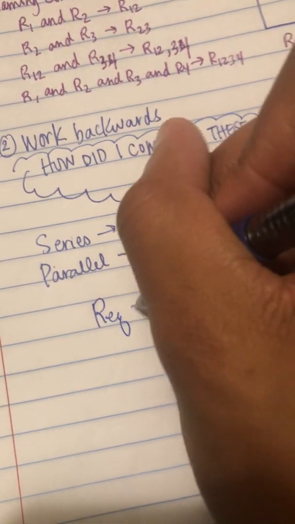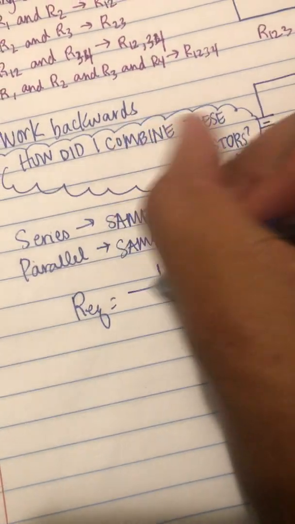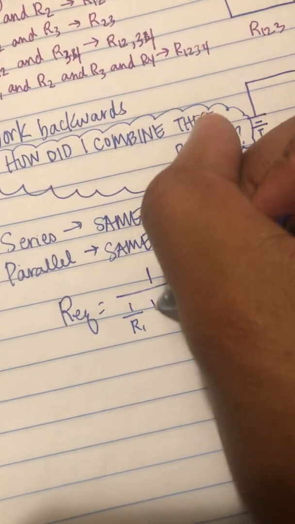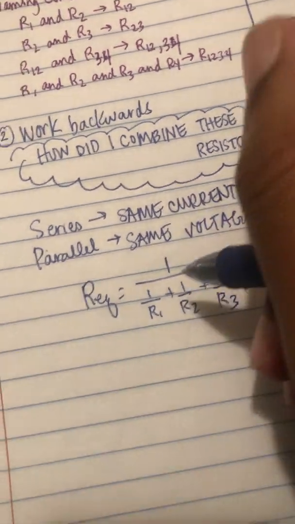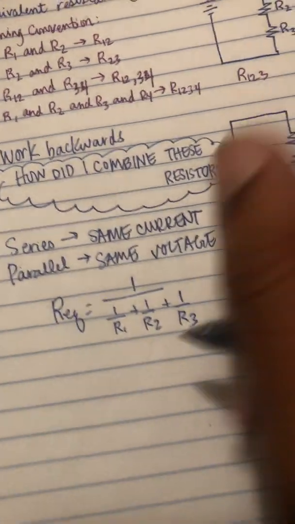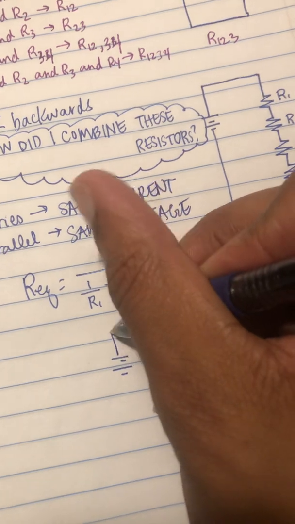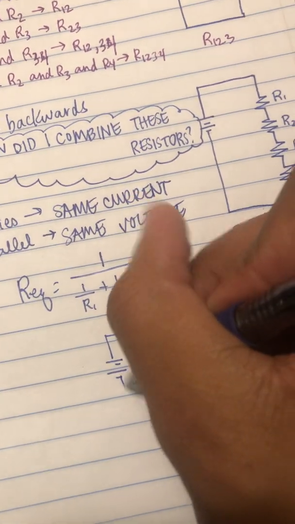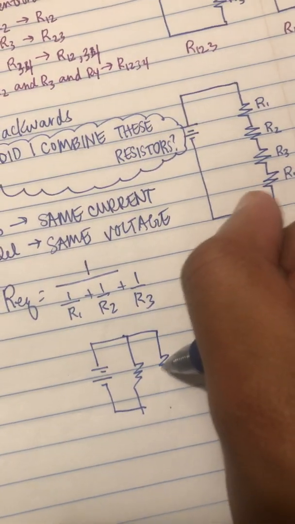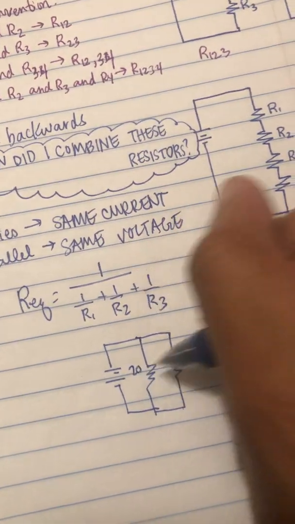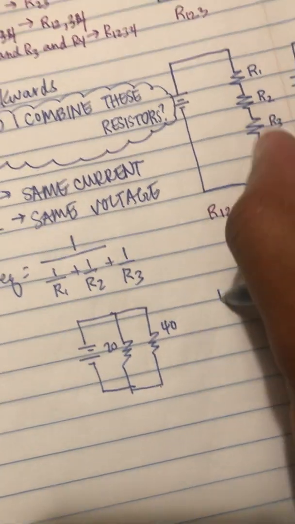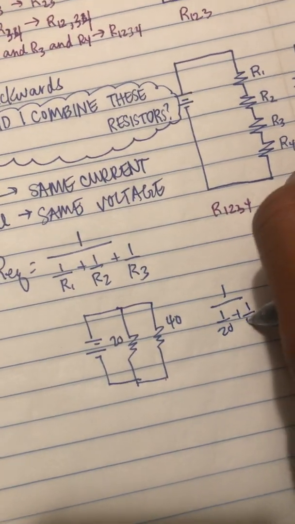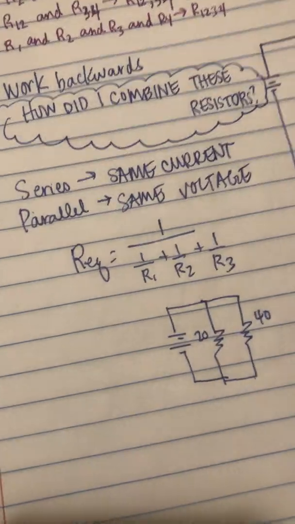The equivalent resistance is equal to 1 over 1/R1 plus 1/R2 plus 1/R3. So just remember that for parallel, because I don't want you guys to see something that looks like this, and this is 20 and this is 40, and say the equivalent resistance is 60. The equivalent resistance is 1 over 1/20th plus 1/40th. All right, so with that being said, let's just jump straight into problems.